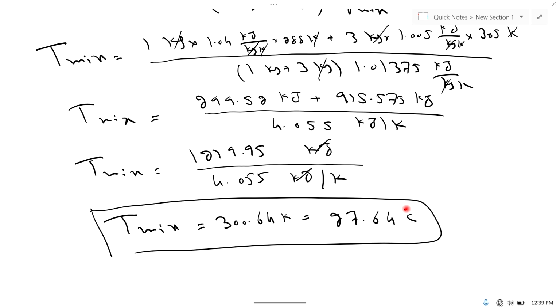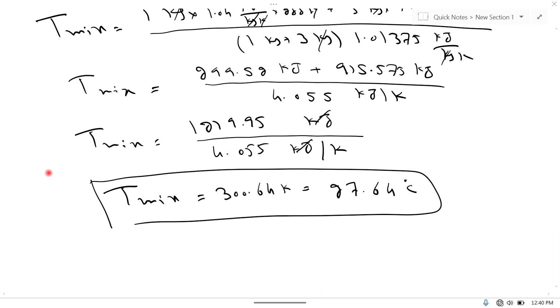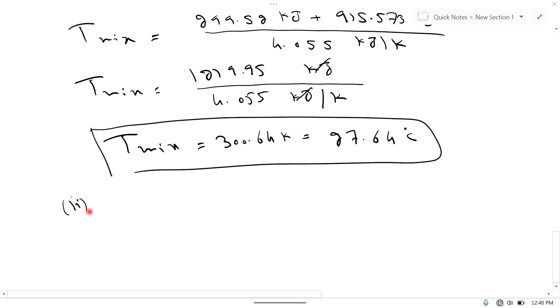So we solved part number 1, and now in part number 2 we have to find the partial pressure of nitrogen, partial pressure of oxygen and partial pressure of carbon monoxide. For this, we have to find the partial pressure of air basically, but air contains nitrogen and oxygen.